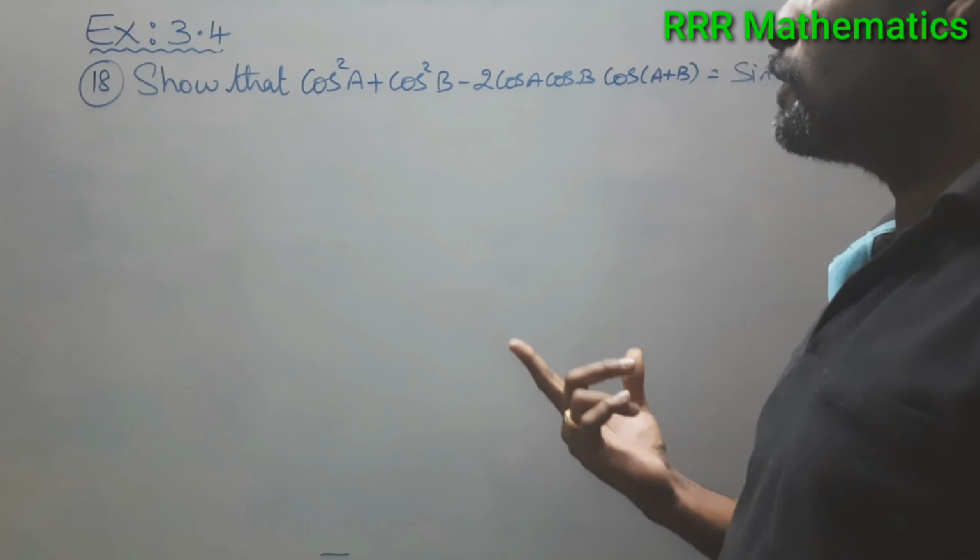Okay, I have cos square a plus cos square b minus 2 cos a cos b into cos a cos b gives minus 2 cos square a cos square b. Minus into minus plus 2 times cos a cos b into sin a sin b gives 2 times cos a cos b sin a sin b.